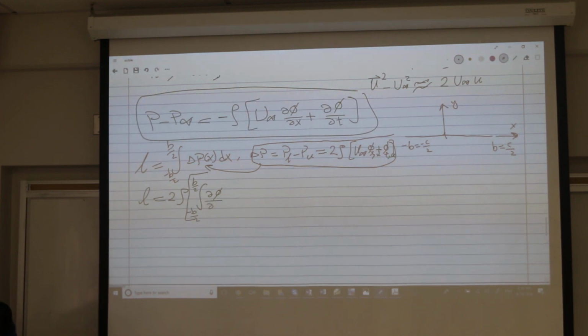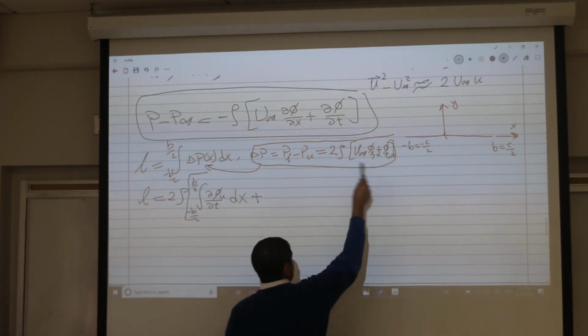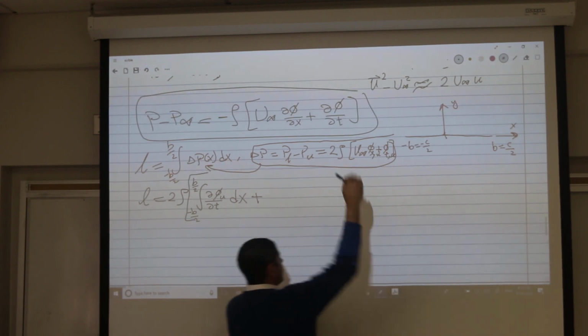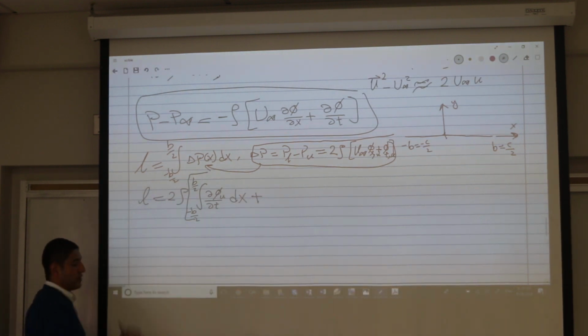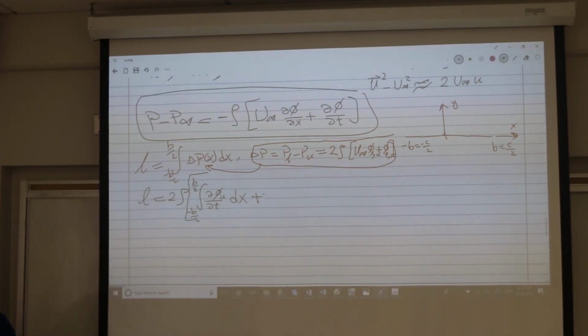So partial phi partial t on the upper surface dx plus, if you're integrating partial phi partial x with respect to x, you get phi between the 2 points. So you get U infinity times phi at the trailing edge minus phi at the leading edge.